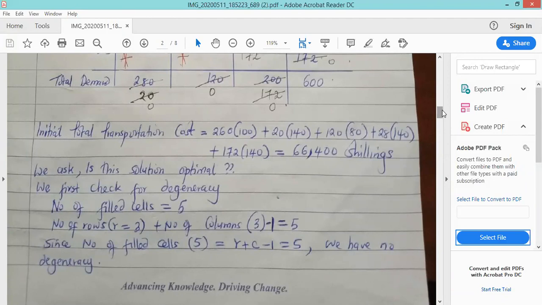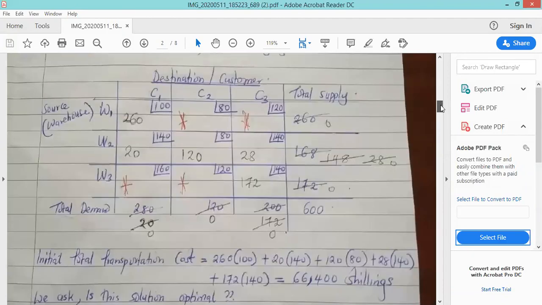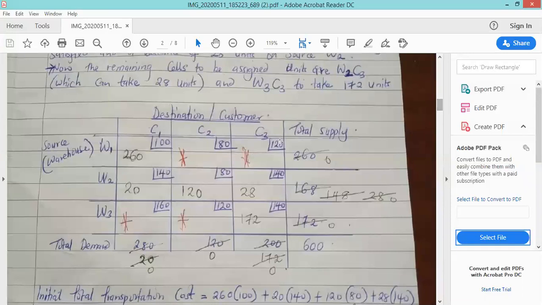Now, our filled cells are how many from our work here? We have assigned some units in cell W1C1, W2C1, W2C2, W2C3, and finally W3C3. How many are the filled cells?